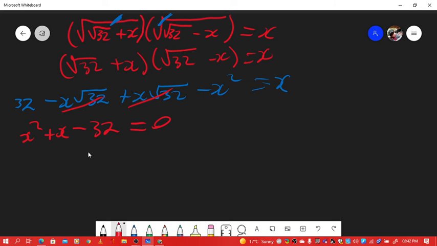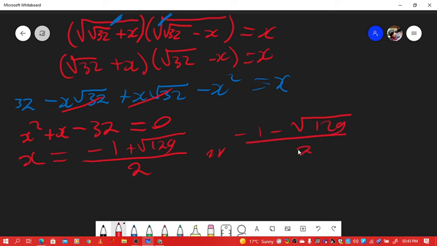If you plug everything in, taking this as your A, your B, and your C, you are going to get x is equal to negative 1 plus the square root of 129 divided by 2, or negative 1 minus the square root of 129 over 2. So this should be your final solutions.